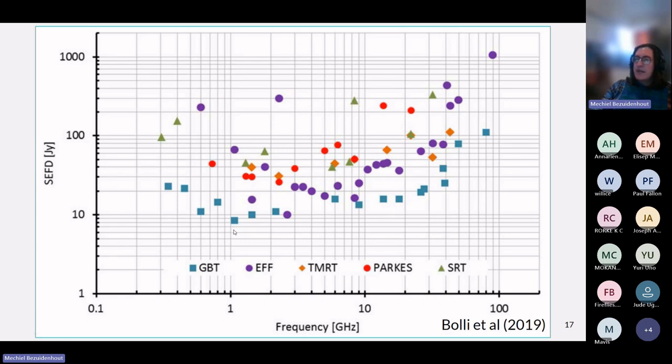And remember, we said MeerKAT at around 1 gigahertz gives you an SEFD of about 10 Jansky. So you can see that the sensitivity of MeerKAT is right up there with the most sensitive single dish telescopes in the world. And the more antennas that we add to MeerKAT, the more sensitive it's going to become.